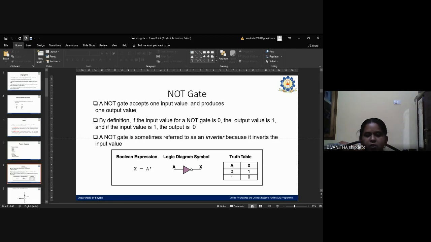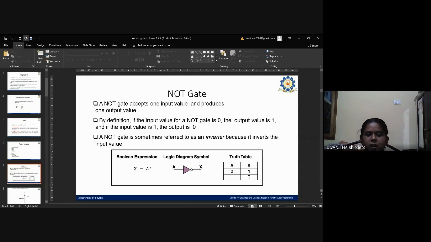The NOT gate is sometimes referred to as an inverter gate because it inverts the input value. The Boolean expression for the NOT gate is X equals A inverse.